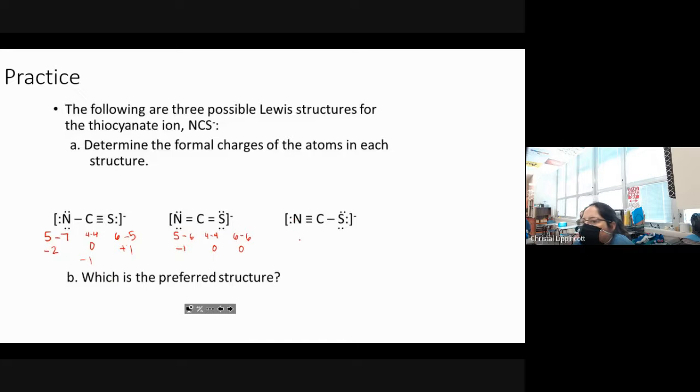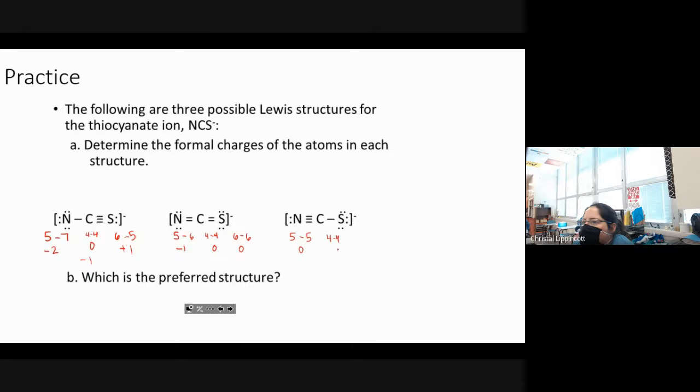All right, last one that we're going to look at, and then we're going to figure out which one's preferred. So we've got 5 minus 1, 2, 3, 4, 5. That one's 0. Our carbon is 4 minus 4. 1, 2, 3, 4.